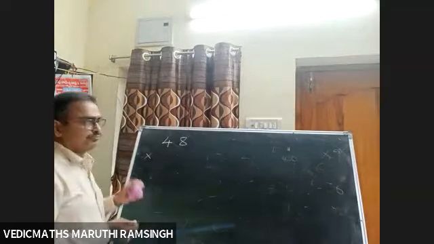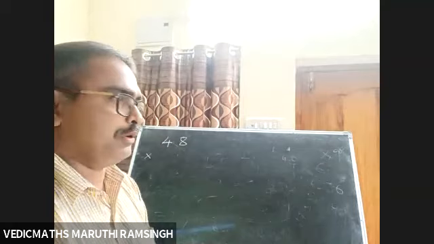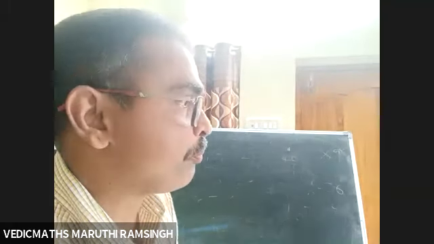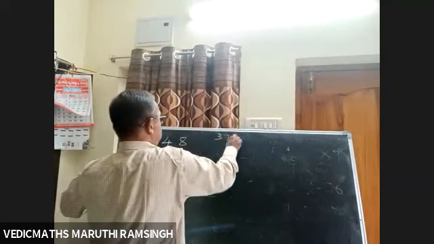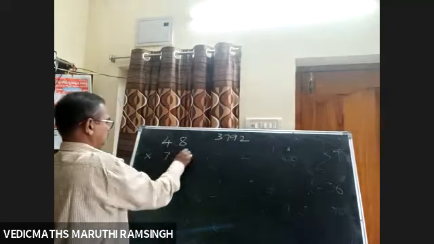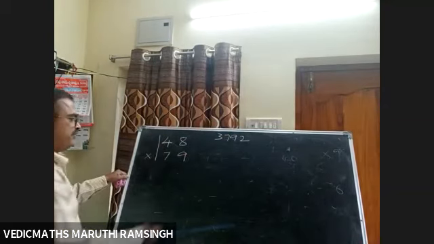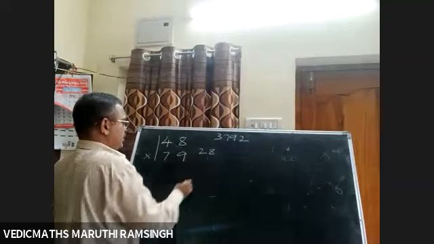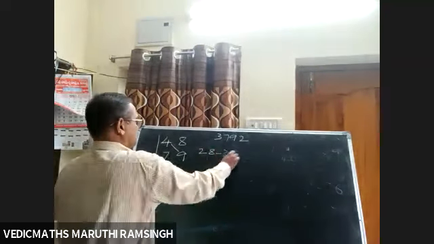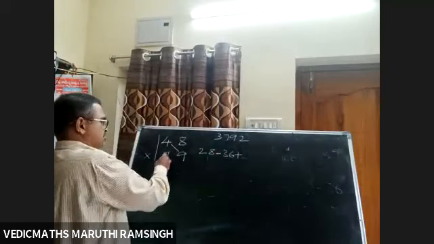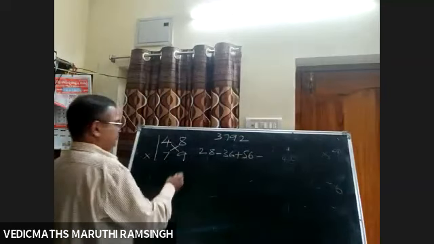48 into 79. Yes, 79. 3792. Four sevens 28. Now crosswise 36 plus 56.